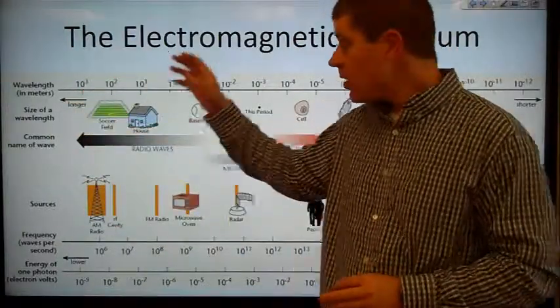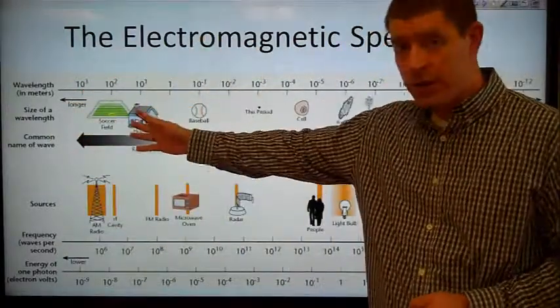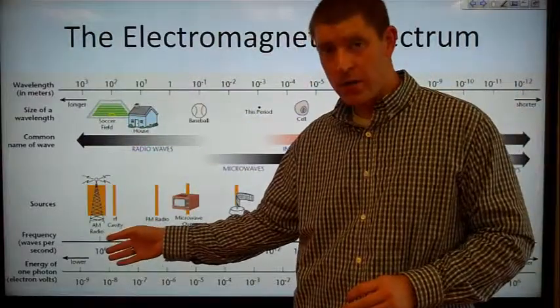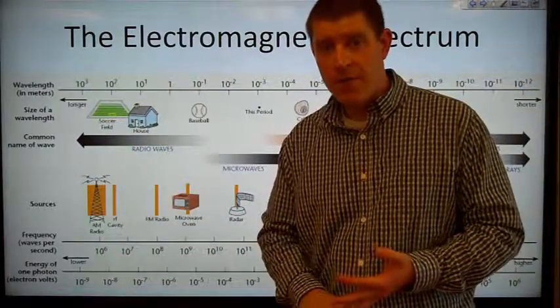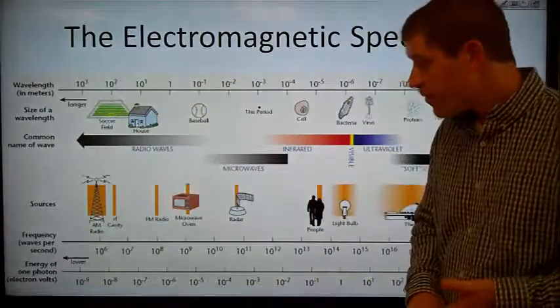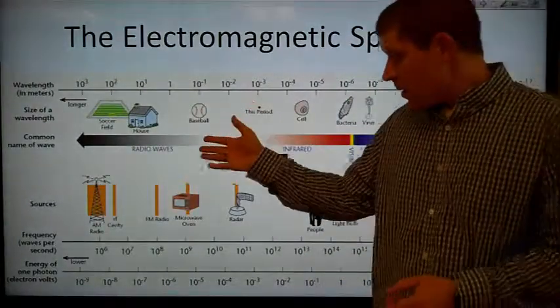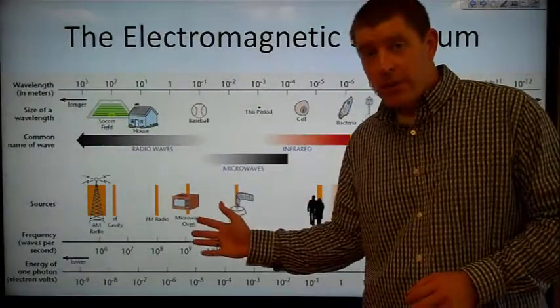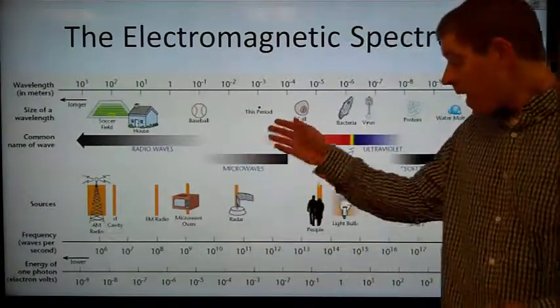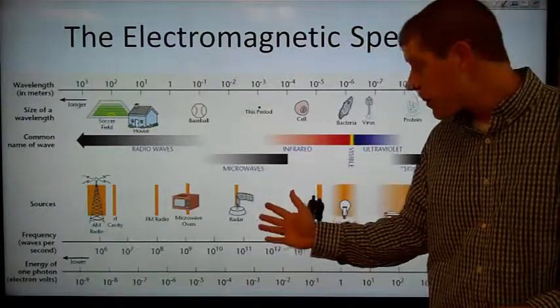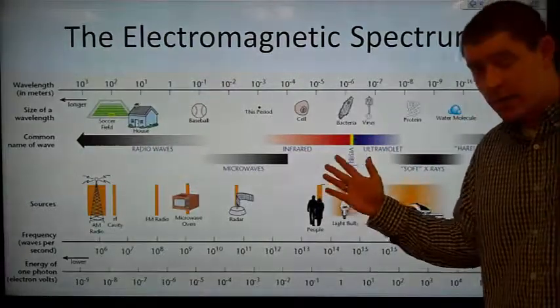So, long wavelengths, the low energy side, are things like radio waves. Right? So AM, FM, radio, cell phones. Next we get to microwaves, and then we get into the radar spectrum. Then we get into the infrared.